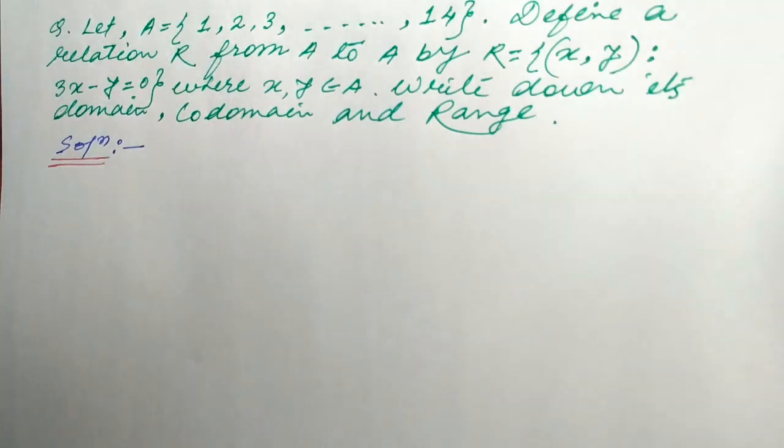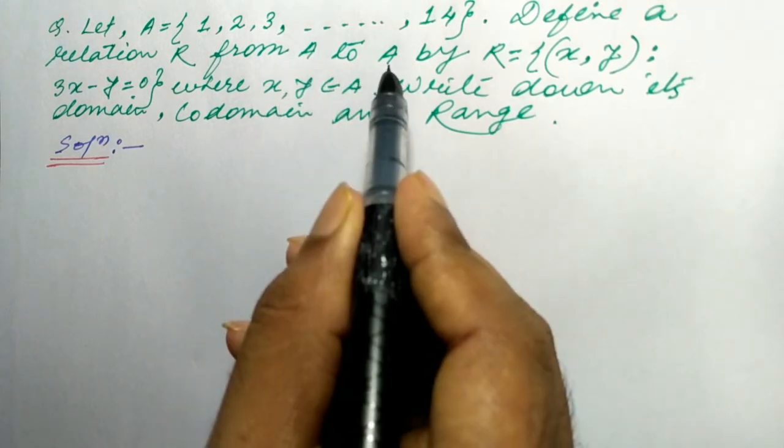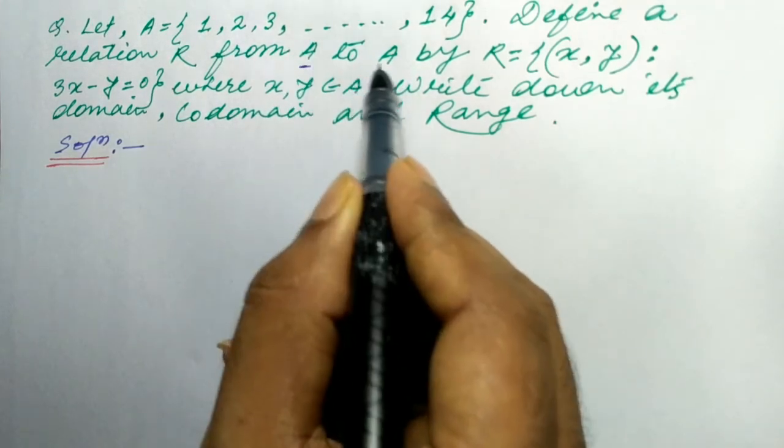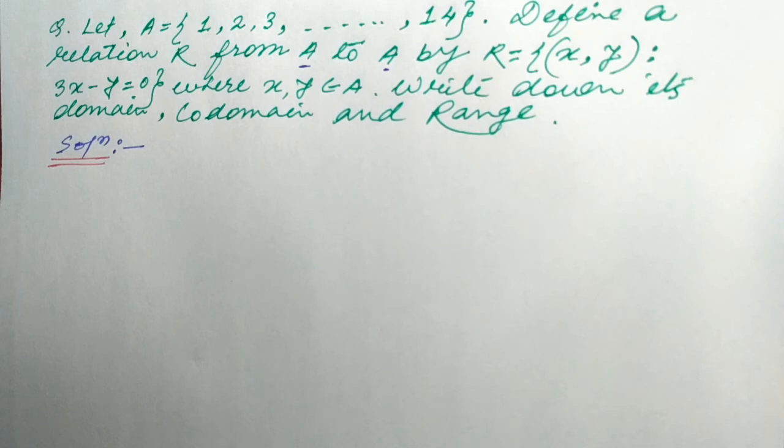Here our relation is from A to A. That is, our input is set A and output is also set A. In relation, the problems can be easily solved and understood by the arrow diagram form, so first of all we proceed with the arrow diagram.